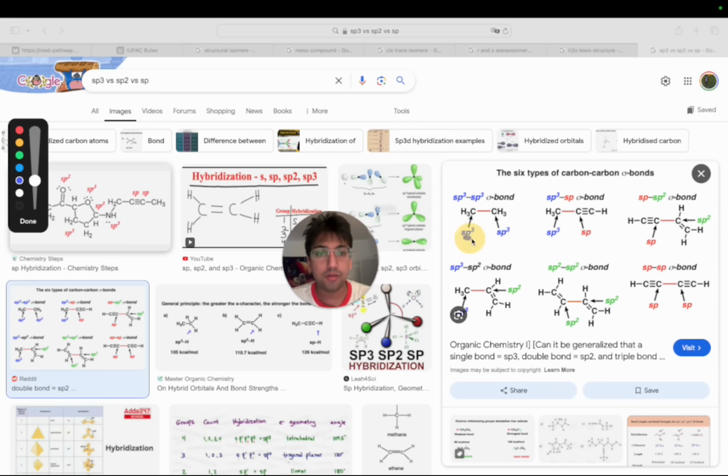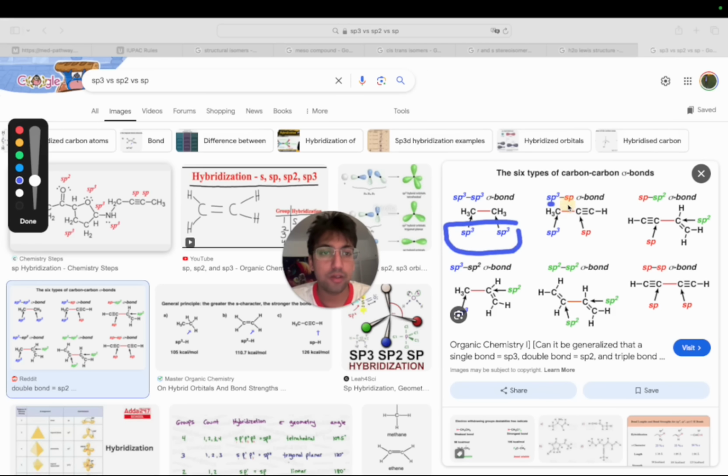And sp3 next to each other is basically just saying that this carbon is bonded to 4 different things, right? It's bonded to 3 hydrogens and then another carbon. And so when that happens, we refer to that sigma bond as sp3. So this sigma bond between this carbon and this carbon is 2 sp3s that are together. So that should make sense.